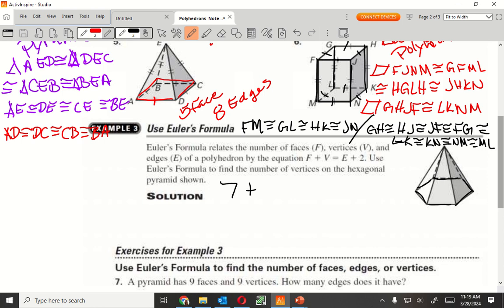Let's look at how many vertices. Vertices is going to be the pointy points, and E is my edges.